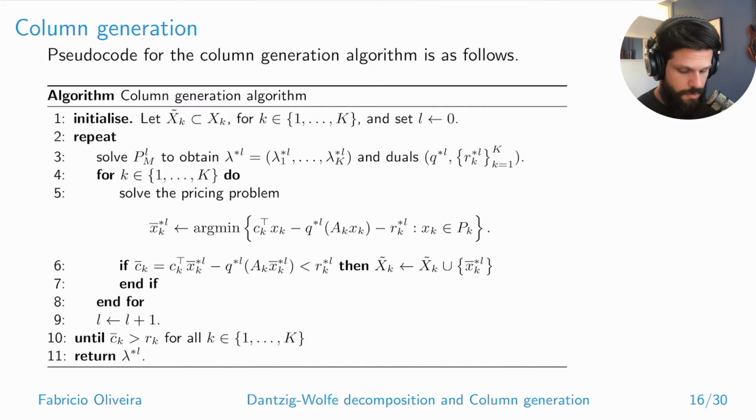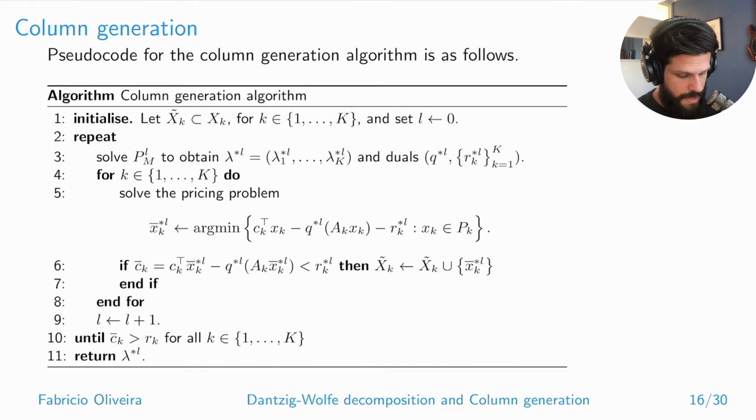And then I solve my pricing problem, which has the same kind of structure. I'm just using this different notation to denote that Xk is a collection of extreme points in my main problem, while P has that implicit representation with the constraints.